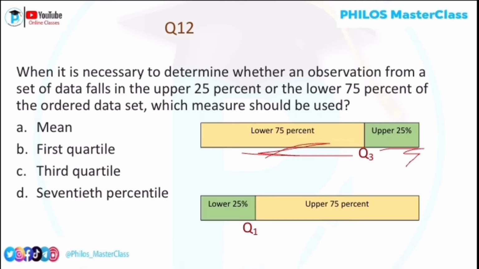But to determine whether an observation falls in the lower 25% and upper 75%, you need to find a first quartile. First quartile is also known as lower quartile. And third quartile is also called upper quartile. Okay. So the correct answer to this particular question is option C, which is third quartile. So let's proceed to the next question.